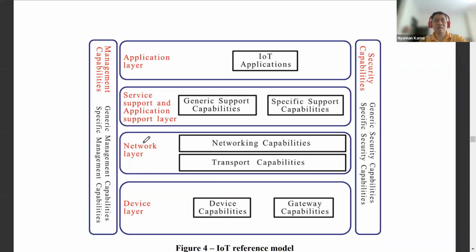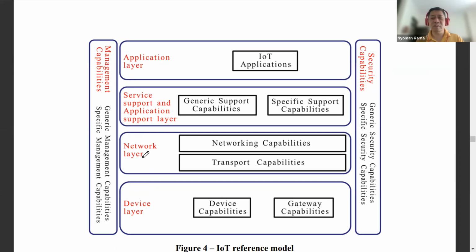Do we need handshaking before we send data? Or do we need perhaps an acknowledgement after sending data? We expect the other partner, for example the IoT device, will send you an acknowledgement to make sure that, oh, you already got my data.